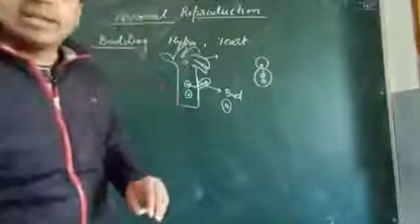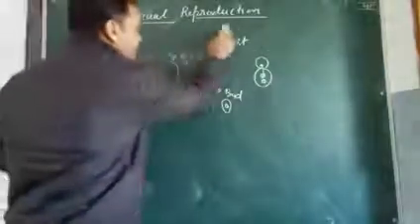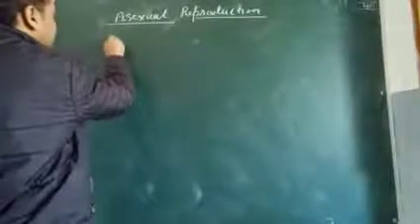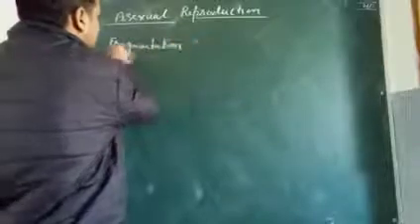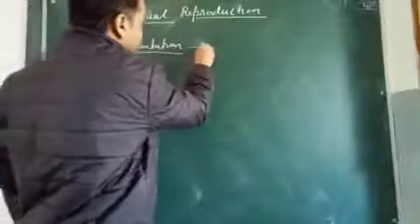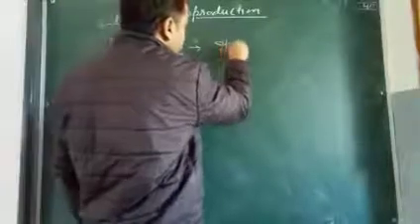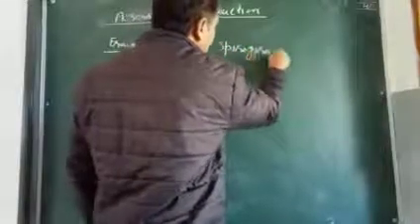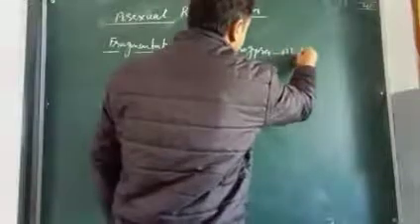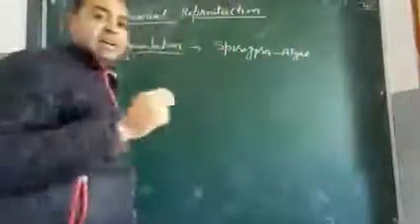Okay. Next method of asexual reproduction is fragmentation. Fragmentation takes place in Spirogyra, an alga.